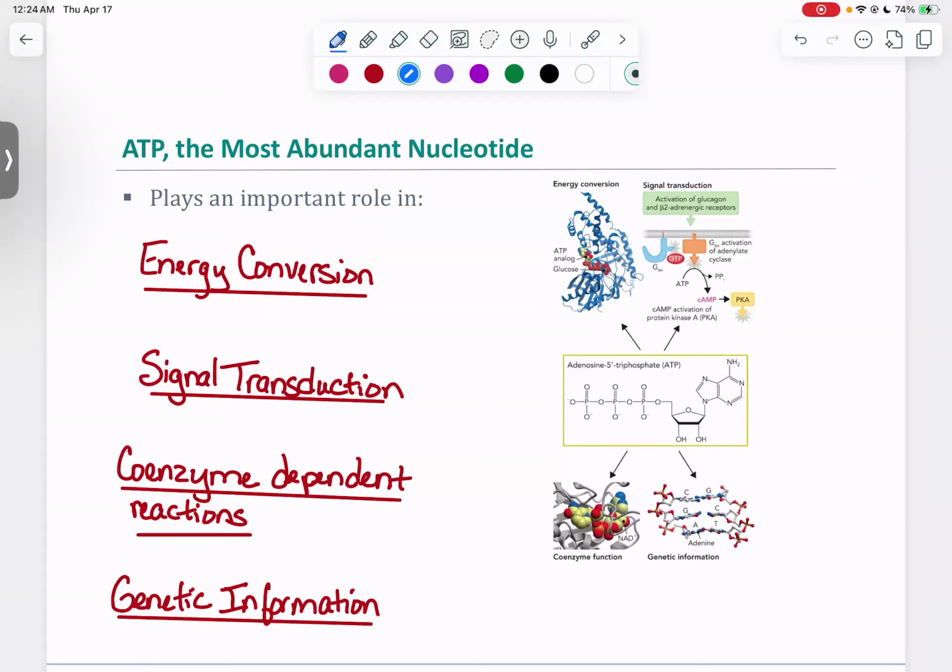So if you had to give an example and say, what are the 4 major biochemical processes that use nucleotides? Well, you'd say energy conversion, signal transduction, coenzyme dependent reactions, and genetic information. That's what we got from the very beginning of this chapter. But you have to be able to explain that, right?